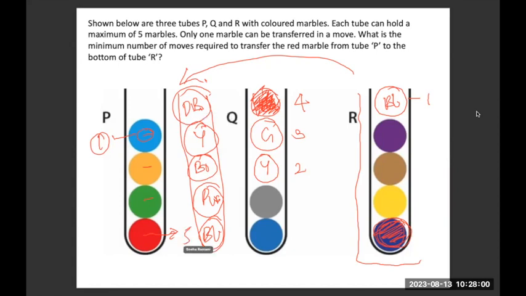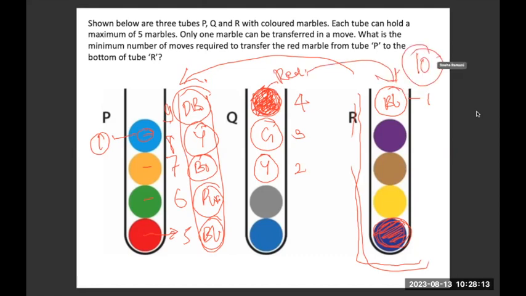So 5, 6, 7, 8, and 9 moves. Then after the R test tube is empty, I'll transfer this red colored ball into the R test tube, which will be my 10th move, which is the correct answer.